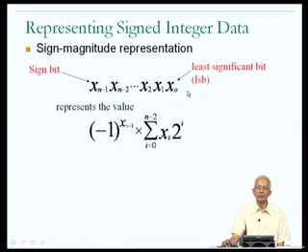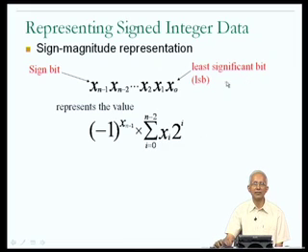The remaining bits indicate the magnitude of the value in binary, as the summation on the right of this expression would have you understand. And therefore the bit at the left, or bit x_{n-1}, is the sign bit in the sign magnitude representation. And as a standard convention, as I had mentioned last time, we refer to the bit which contributes the least to the magnitude of the value that is being represented as the least significant bit.